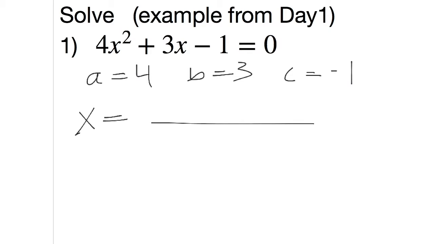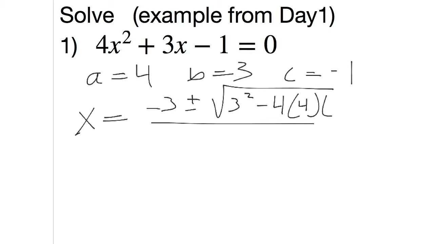X equals negative b plus or minus the square root of b squared minus 4ac all over 2a. There it is, there's your answer, and all you have to do really is simplify it. That's the hardest part, simplifying that huge long fraction with a square root inside.